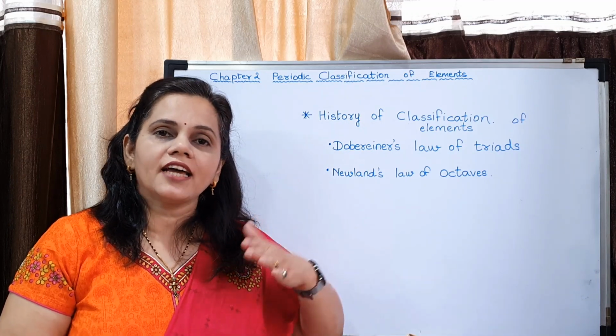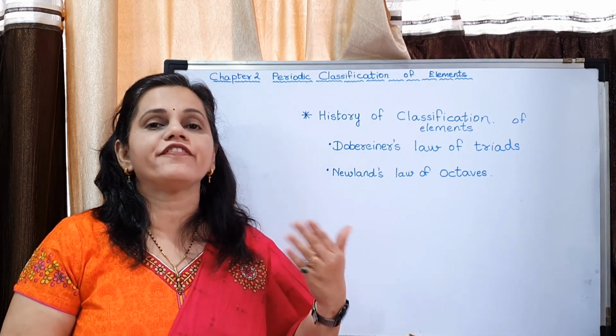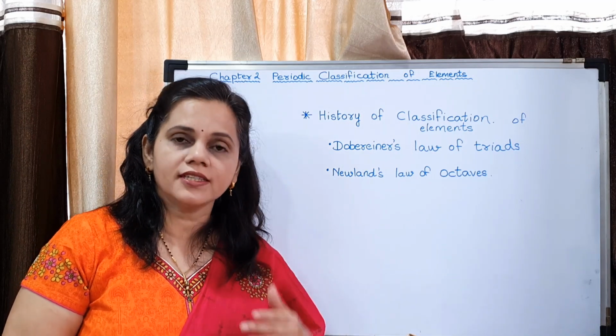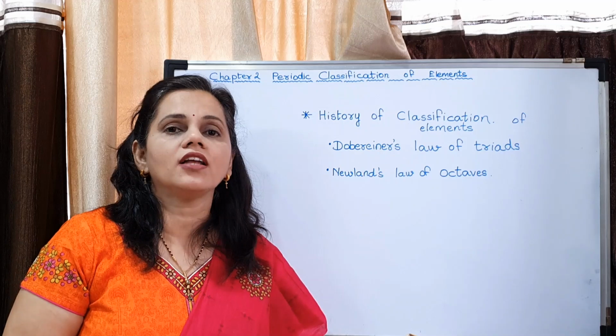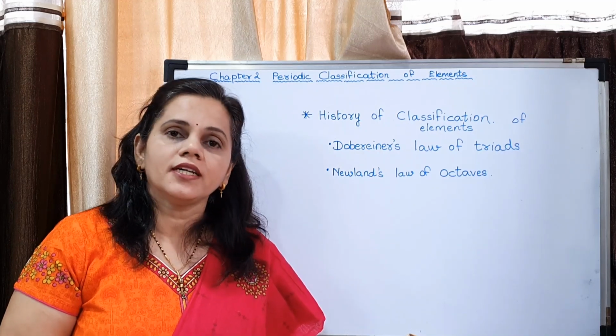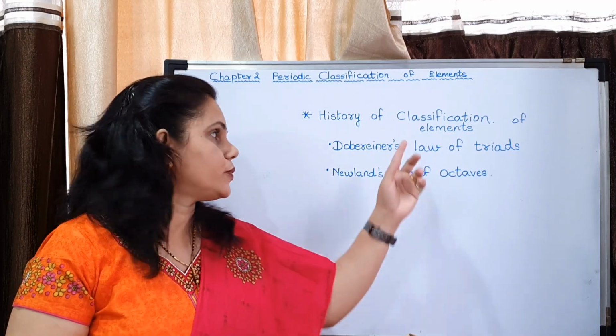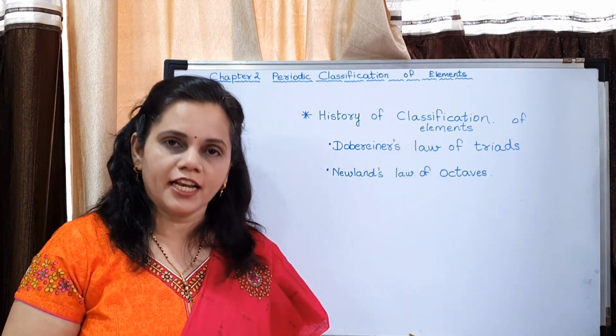So as time went by, as the number of elements increased, it became difficult for the scientists to study all these elements. So they started grouping the elements. This grouping led to classification of elements.